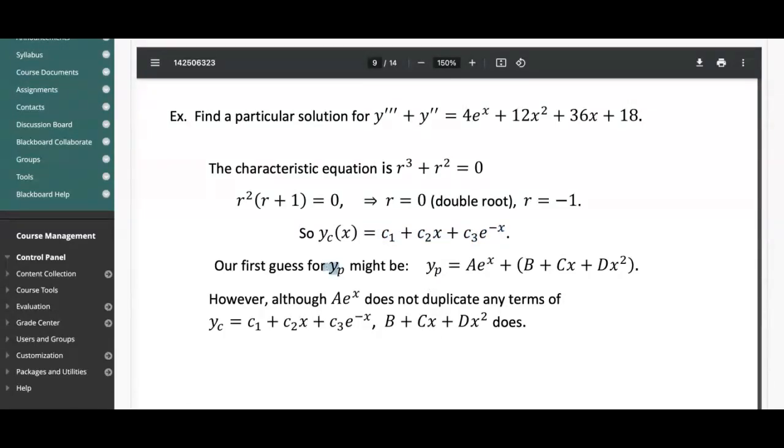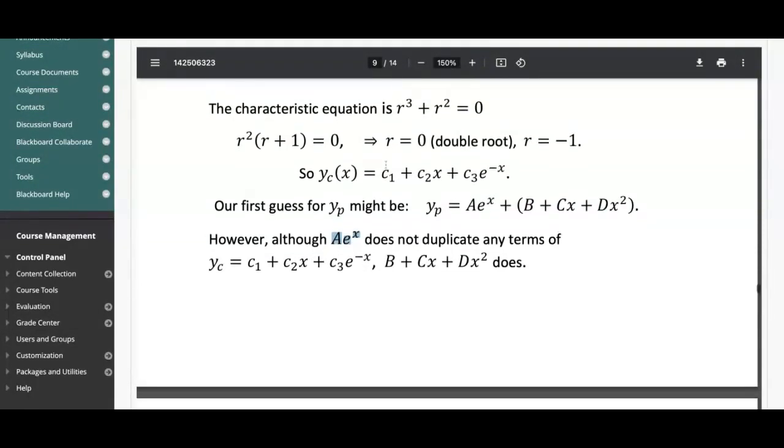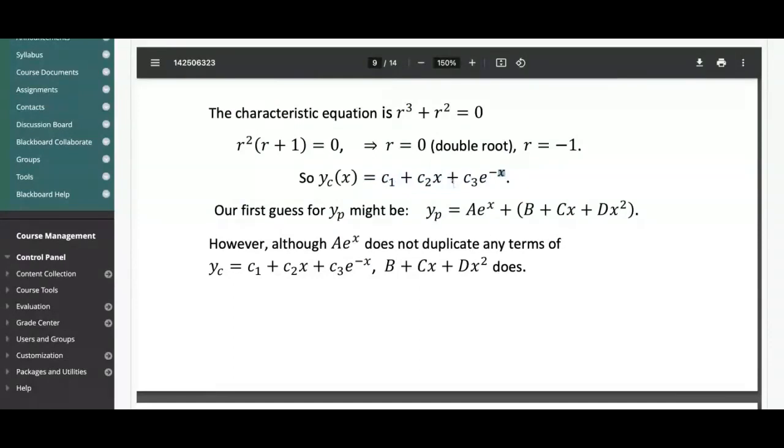So our first guess for this particular solution would be something similar to this, but with different numbers: a e to the x plus b plus cx plus dx squared. However, a e to the x does not duplicate any term of the complementary solution, where we have the c1 constant term, c2 x, c3 e to the negative x. Only those.